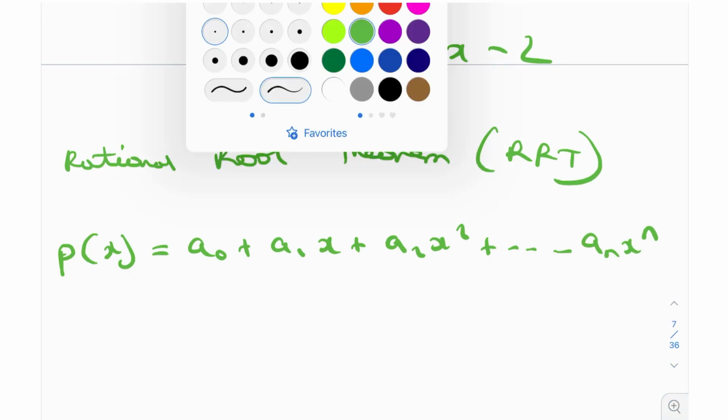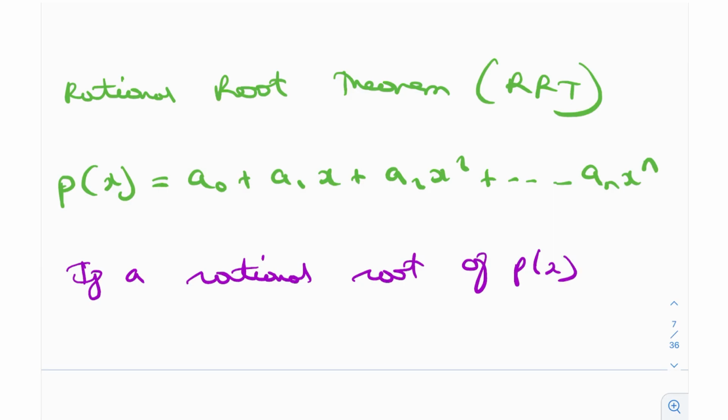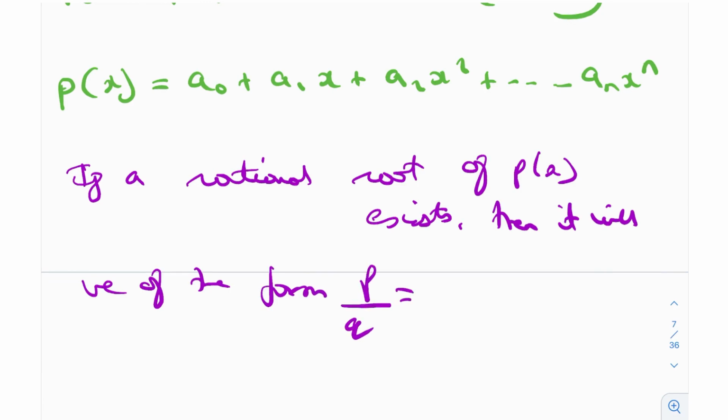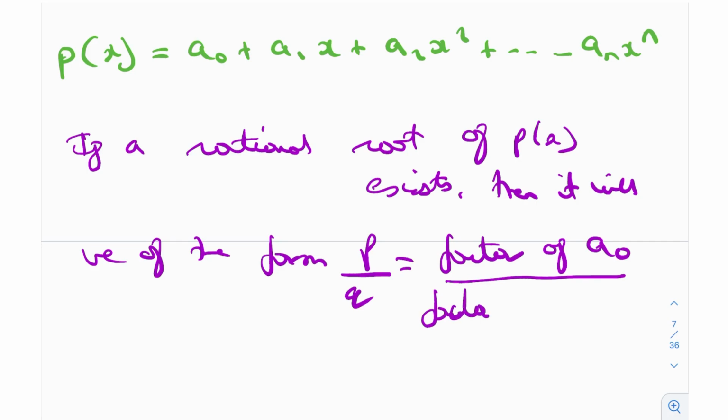This theorem essentially states that if a rational root of p of x exists, then it will be of the form p by q, where p is a factor of a0, the constant term, and q is a factor of an, the leading coefficient.